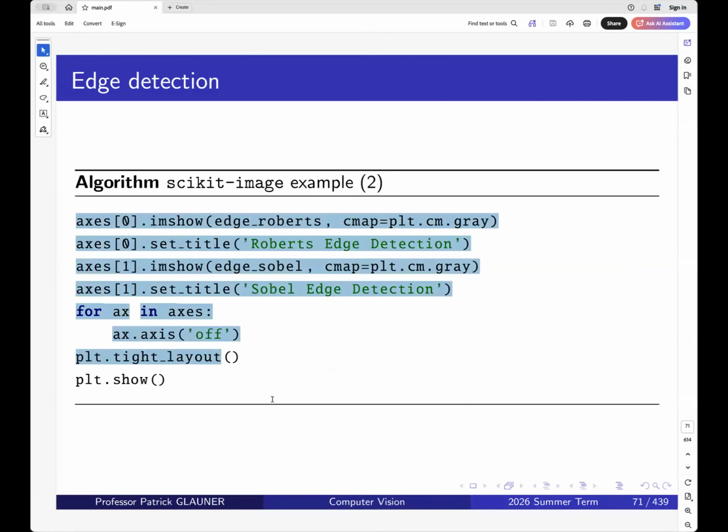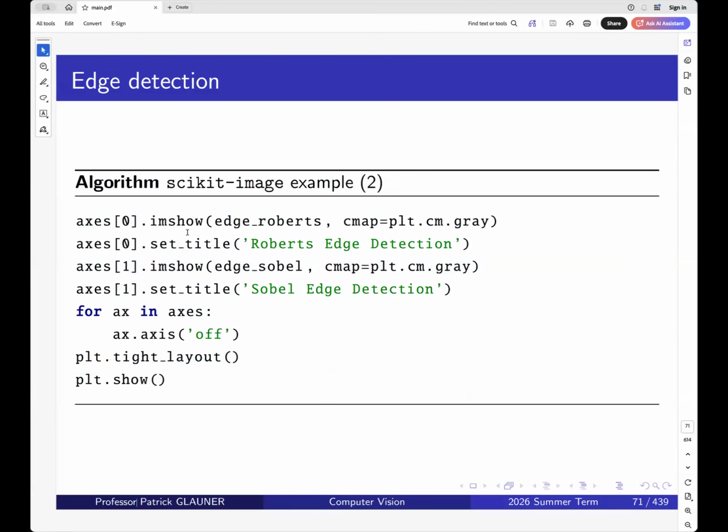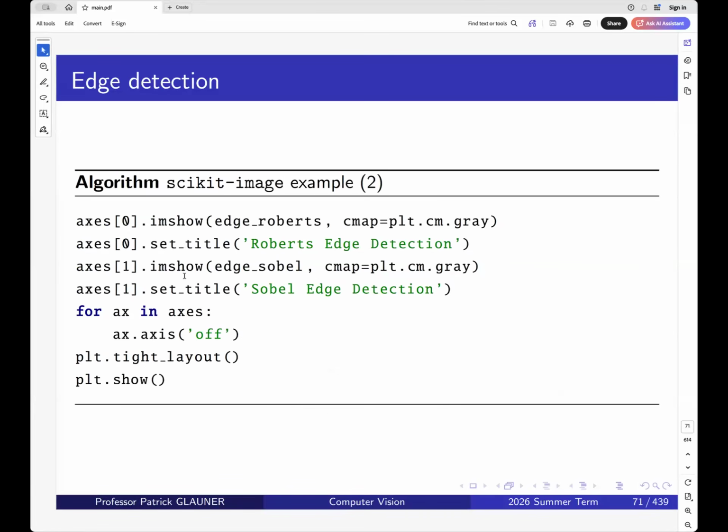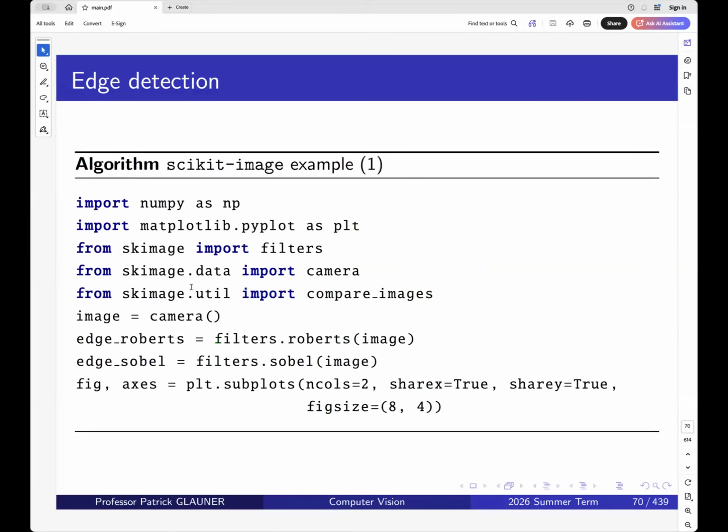Then it's just a little bit of boilerplate code for matplotlib. They're using the subplots as well as setting titles, showing images, and visualizing all of this. I guess many of you have used Matplotlib before, and it's just a bit of boilerplate code that you would need to build your image.